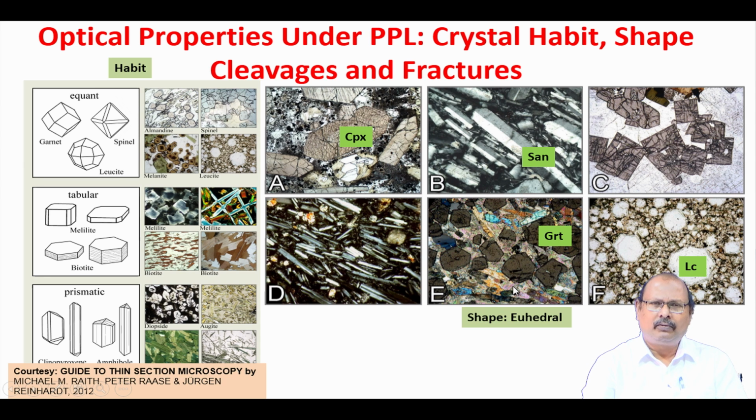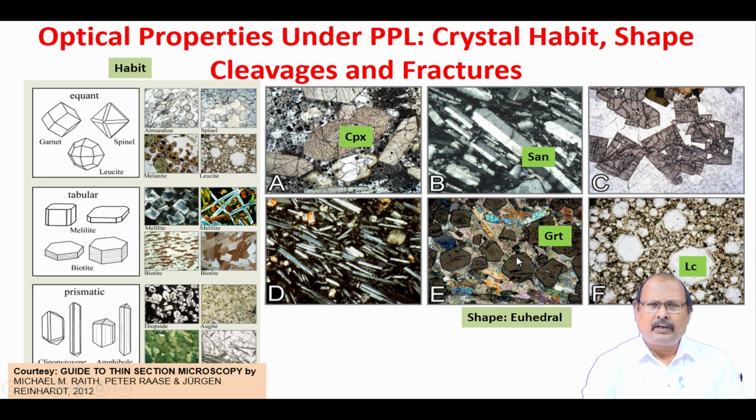Now, when these well developed crystal faces are in magmatic rocks or igneous rocks, we use the term euhedral. But in metamorphic rocks, where garnet is a very common mineral, if we have well developed crystal faces, we call it idioblastic.